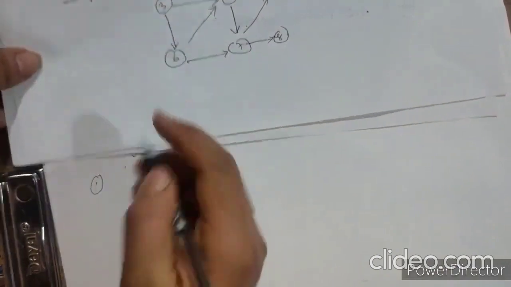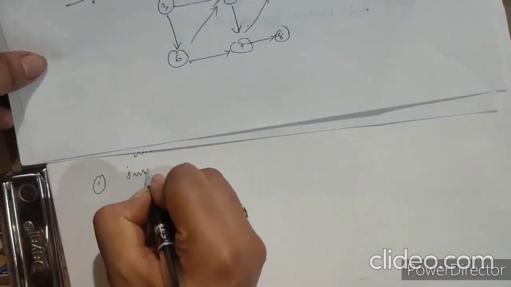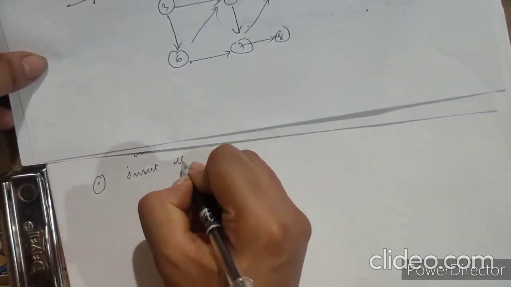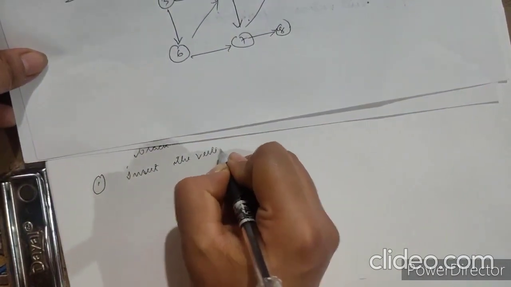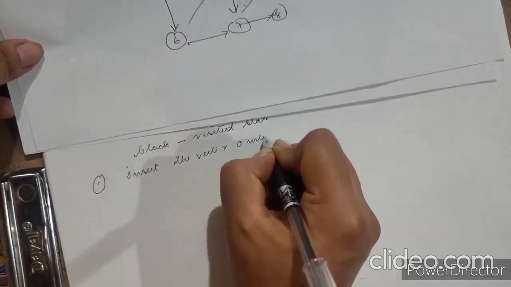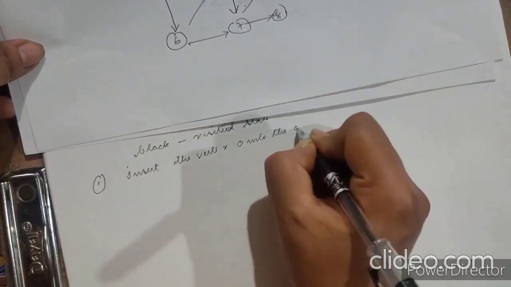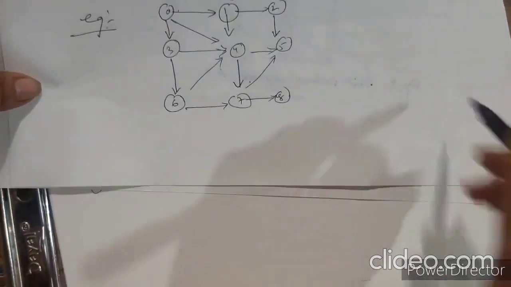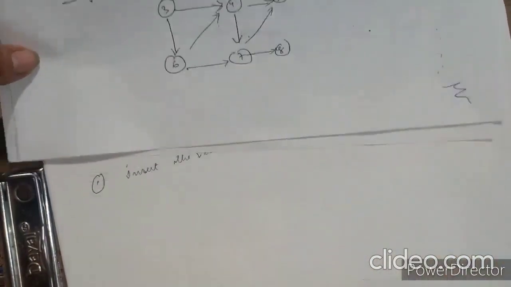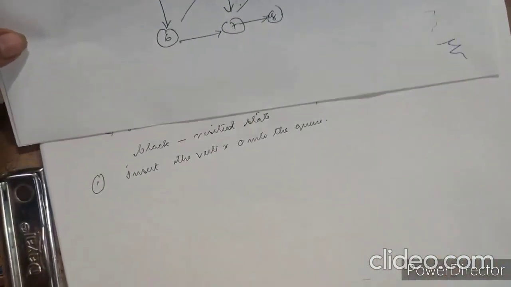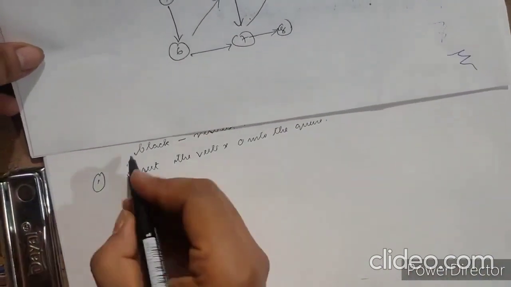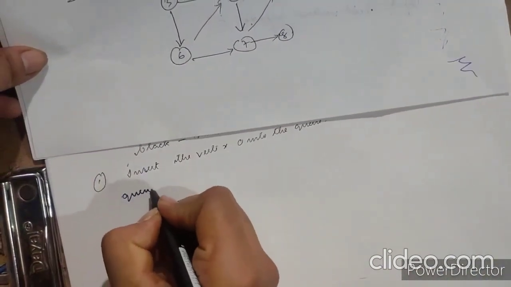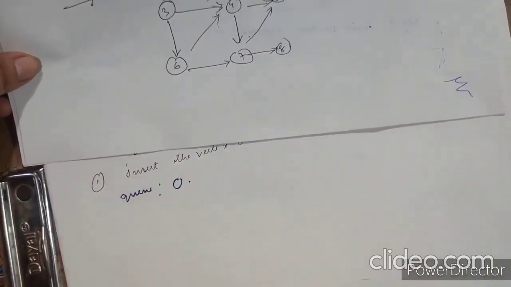As 0 is the starting vertex, insert the vertex 0 into the queue. So when we insert it, Q will be 0.